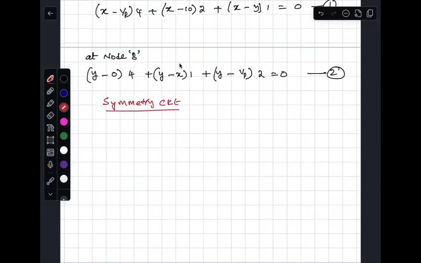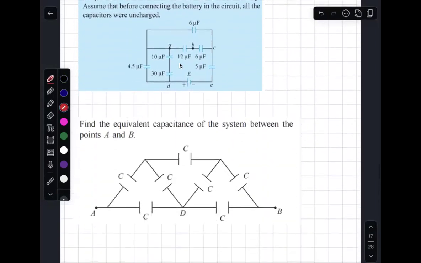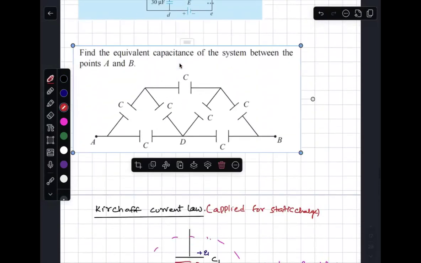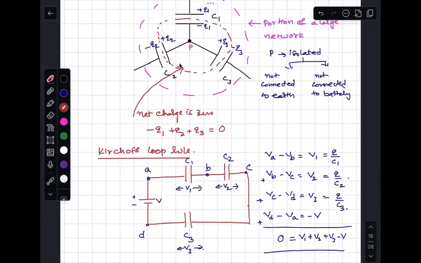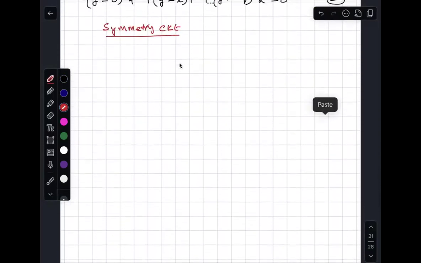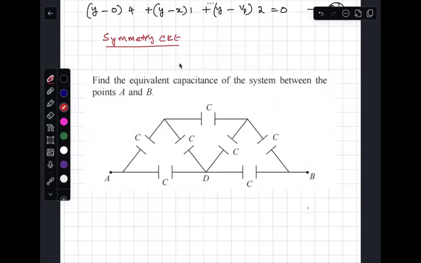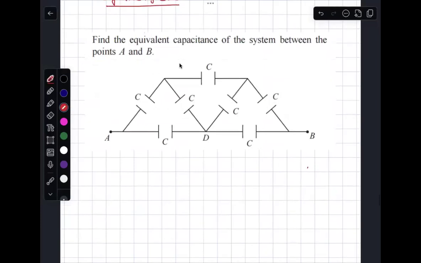Symmetry circuits. So one such example for that is this. You take one circuit like this. Such a circuit is called a symmetric circuit. You observe the circuit from A side or B side. It looks alike.